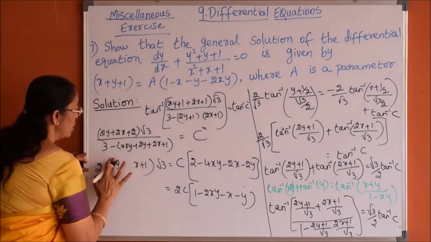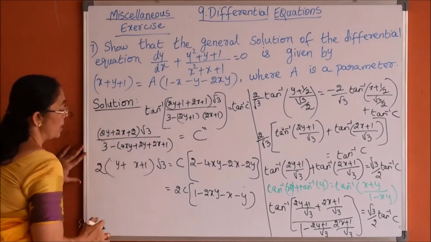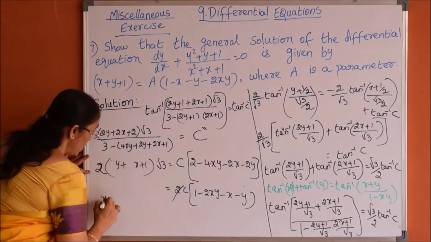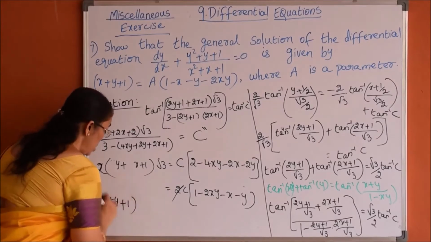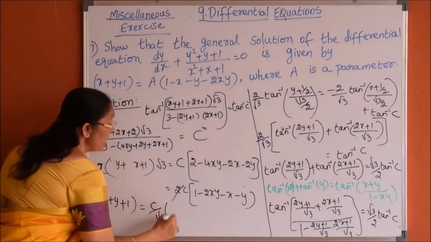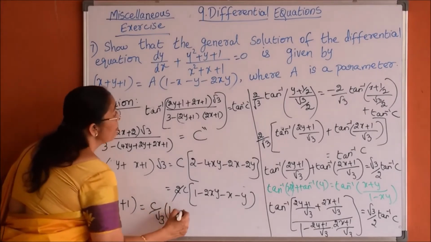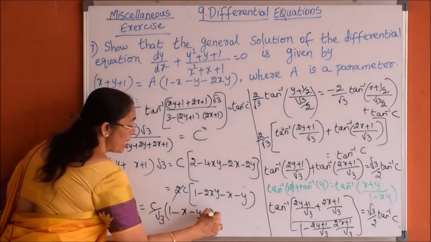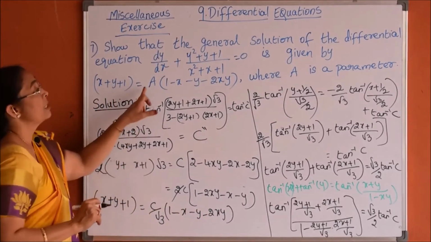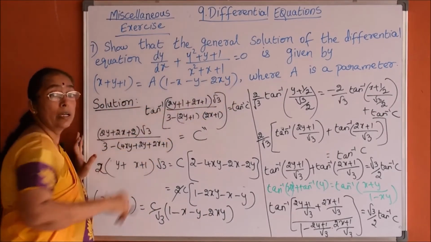So, we will get y plus x plus 1 times root 3. Now, the 2 gets cancelled. We have x plus y plus 1 is equal to, I can bring this root 3 here, C by root 3 of 1 minus x minus y minus 2xy, or we can replace C by root 3 as a, because a is a parameter.